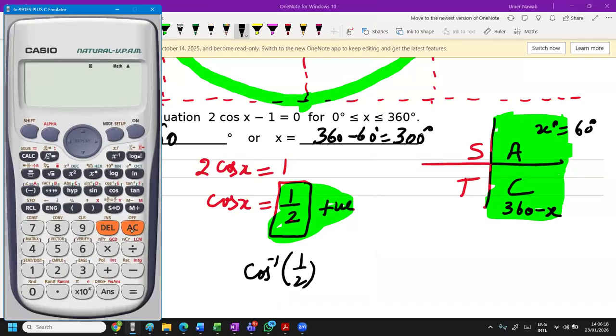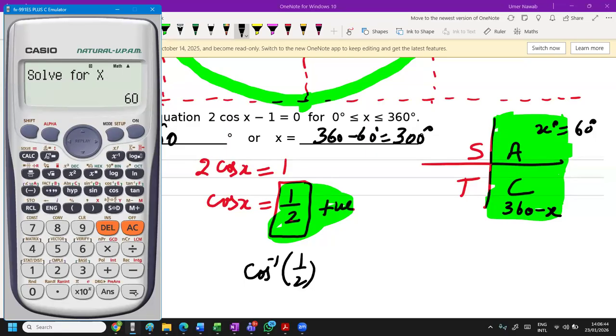Write the full equation: cosine of x, bracket close, minus 1 equals 0. Then press shift, solve, and write your guess closer to 60, say 55. So my first answer is 60. Yes, I got a correct answer.